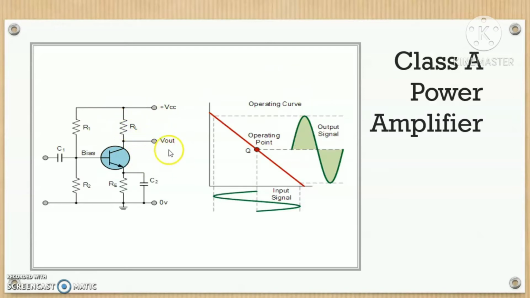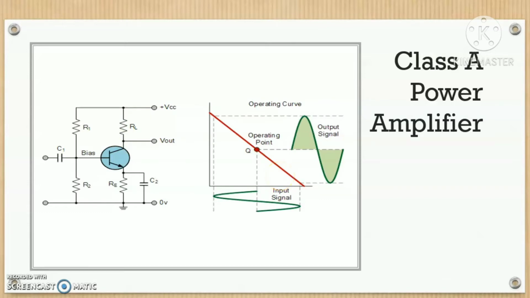If we are driving a speaker which is of low resistance and this is high resistance, there is a mismatch. So normally instead of using RC over here, we use a transformer. With the help of the transformer, we can get impedance matching.